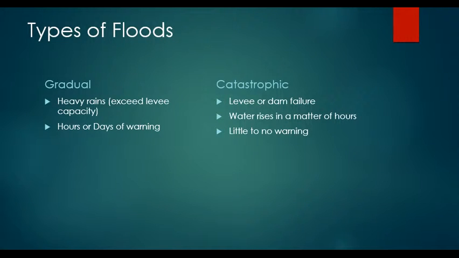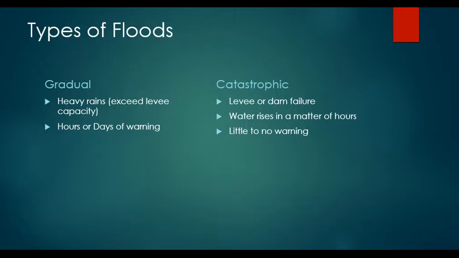When talking about flooding, there are two types that could occur: gradual or catastrophic. Gradual flooding occurs during events of heavy rains, and this type would allow for hours or days of warning before an actual flooding event would occur. An example of this type of flooding would be when the river exceeds its levee capacity.